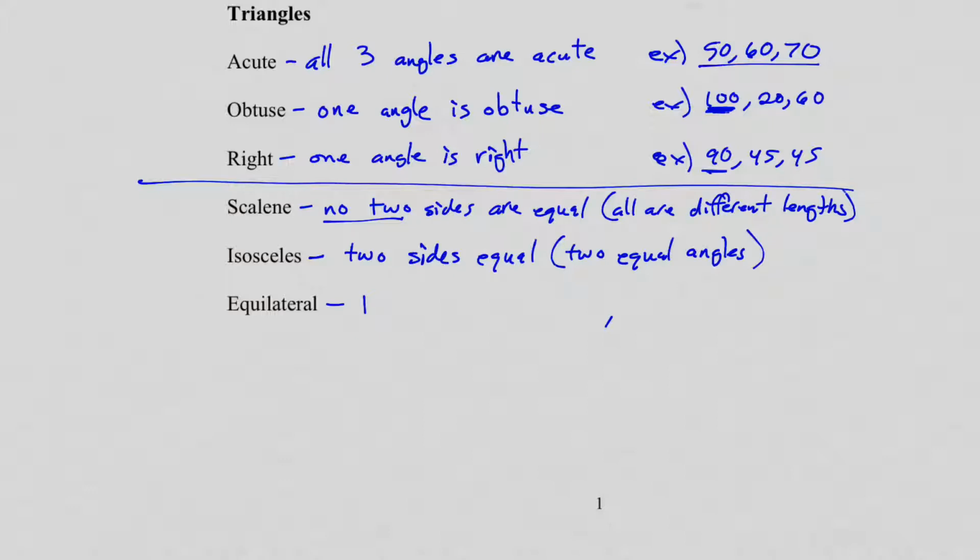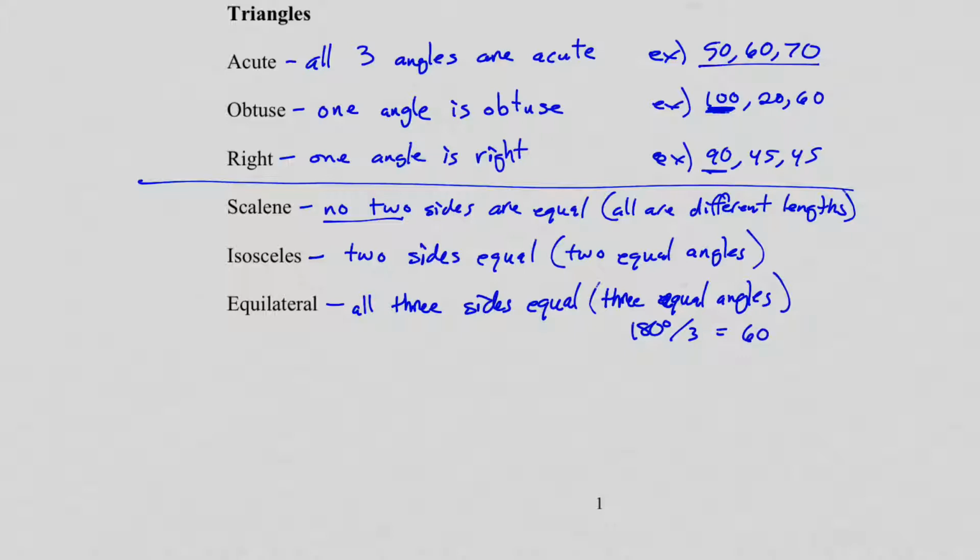So all three sides are equal, which also creates three equal angles. Okay, and so remember, 180 degree total divided by 3, 60 degrees each angle.